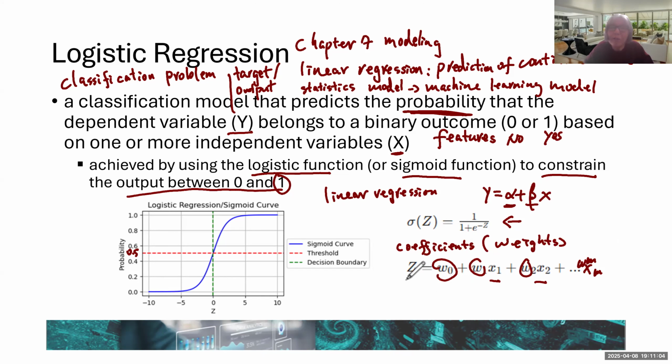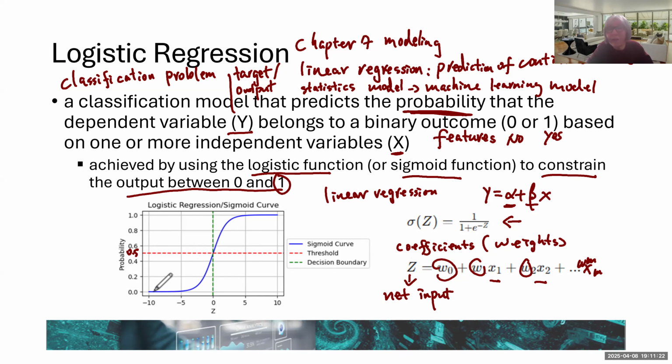And this linear combination, then we assign it to Z, this variable, okay. So basically this Z in machine learning, we call it net input. Net input. Okay.